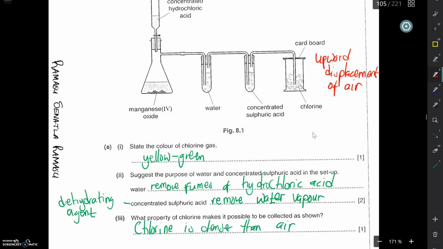Because the chlorine is going down, the air in the test tube there is being pushed upwards while the chlorine is going down. So that's why this method is called upward displacement of air, because air is being displaced upwards. Okay.